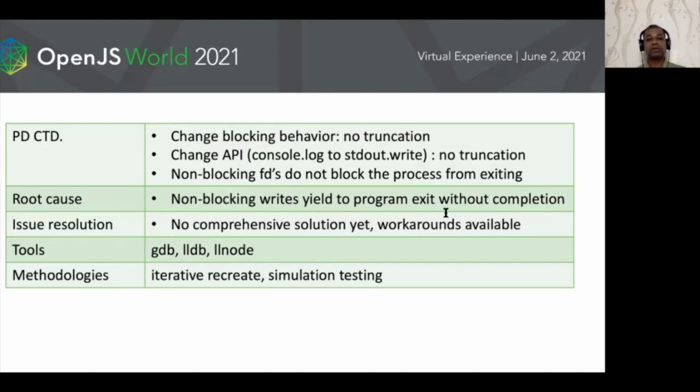And process.stdout.write is a blocking API, so it holds the process in a blocking state until the whole data is written. That is essentially the known workaround, but fundamentally, with console.log being asynchronous, at the exit point, any data that's pending will get truncated.